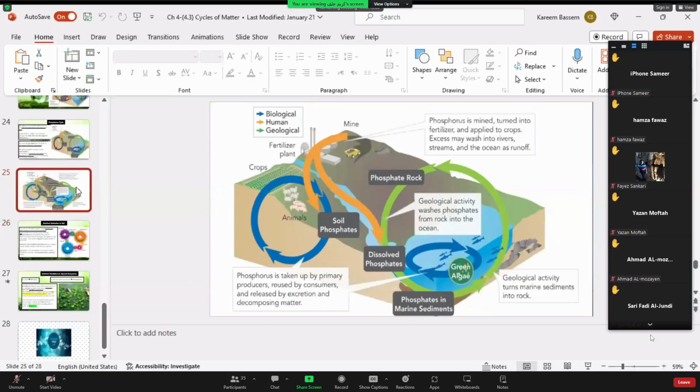Phosphorus is recycled as you can see here when there is mining. We said phosphorus is found in rocks. So during mining, phosphorus is taken from the rocks, turned into fertilizer, and added to the soil.